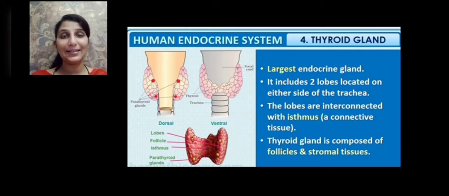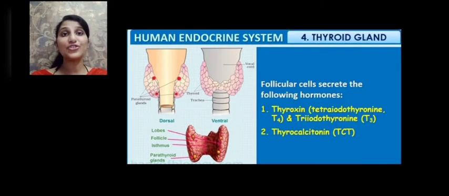And next is the stromal tissue. The stromal tissue is a connective tissue which supports the lobules that make up the thyroid gland and also the follicular cells. The function of the follicular cells, as I just told, is to secrete the hormones.